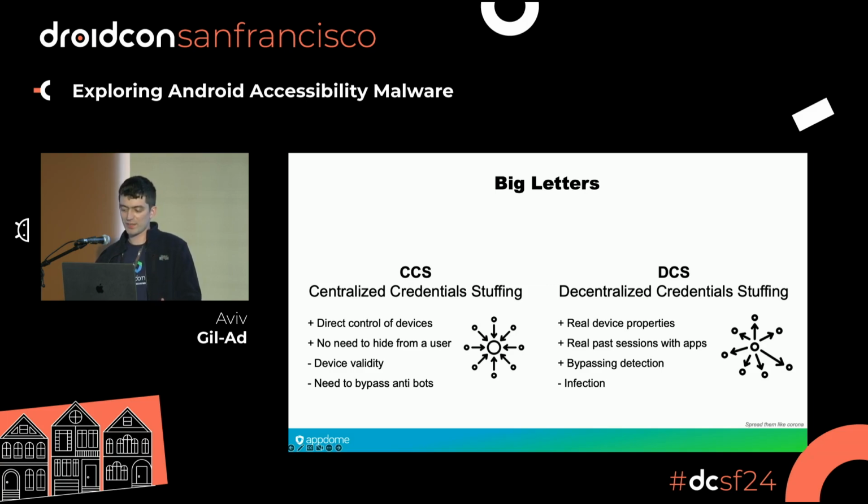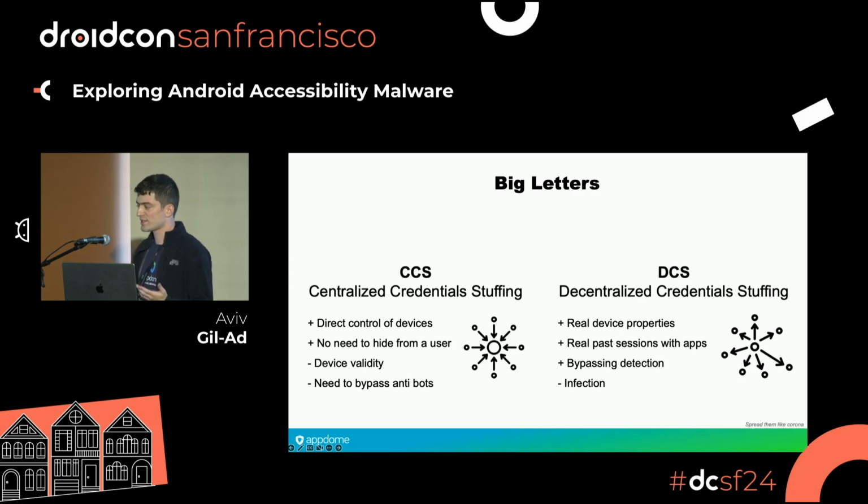Now, there are two types of credential stuffing attacks. The first type is a centralized attack, where you set up a server farm which has many emulators running, and each of these emulators will attempt to log in with credentials from the combo list.